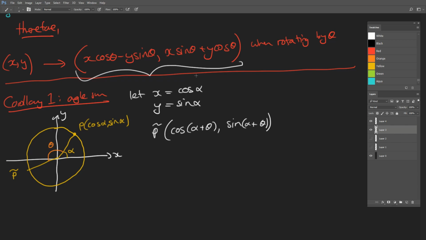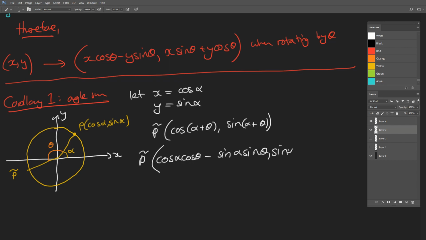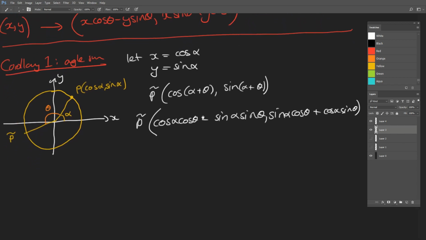But we can also use this fact over here to find p tilde. So we can also say p tilde is, so we're going to sub cos alpha into the x's and sine alpha into the y's. That's going to be cos alpha cos theta minus sine alpha sine theta, and sine alpha cos theta plus cos alpha sine theta.